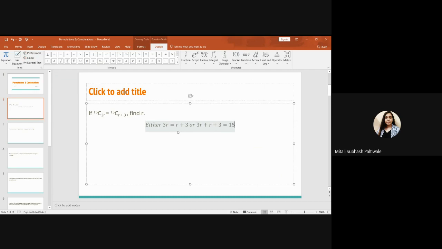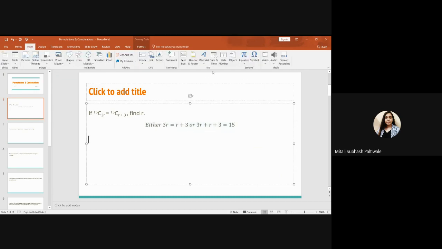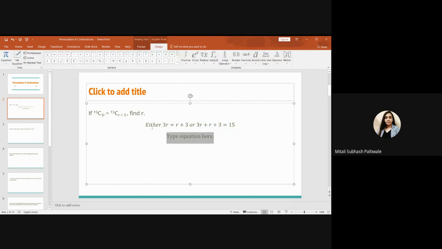These are the possible cases. Let us look ahead at what exactly will be there. Either 3r is equal to r plus 3, or if we combine them, 3r plus r plus 3 is equal to 15 would be the answer.